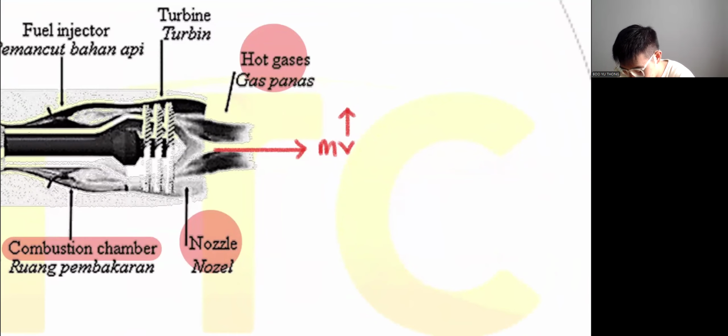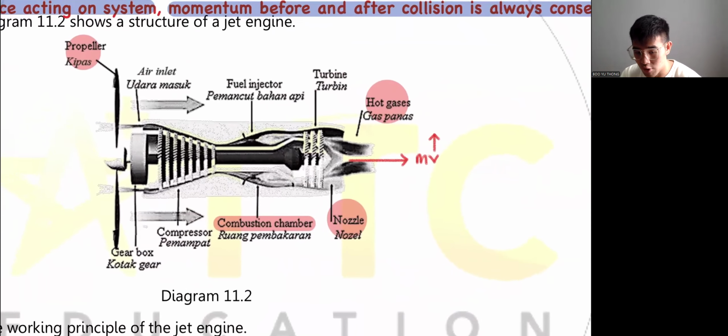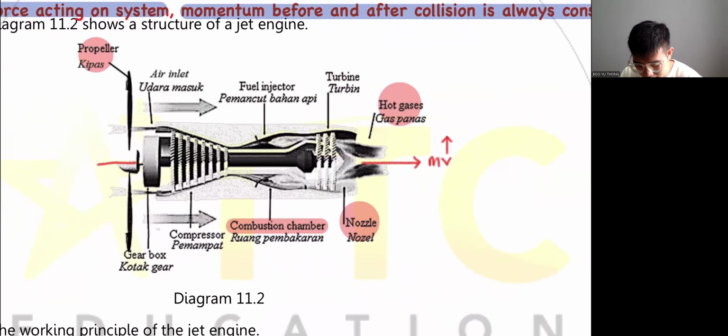And if the speed is faster, the momentum becomes greater. And if the momentum produced backward becomes greater, according to the principle of conservation of momentum, larger backward momentum gives the engine a larger forward momentum. So that's how the jet is able to move faster, that's how the aeroplane is able to move faster.